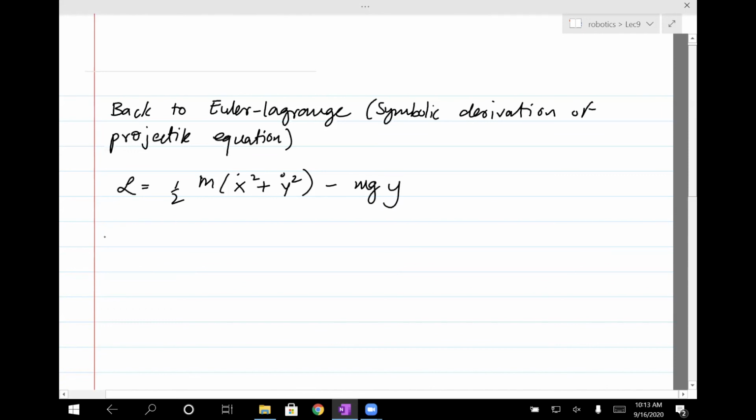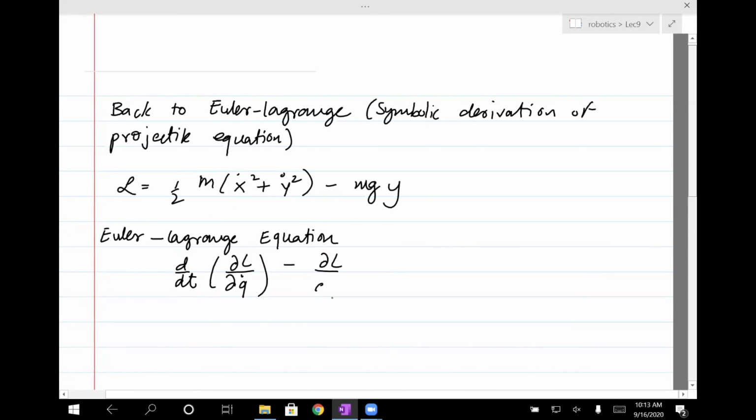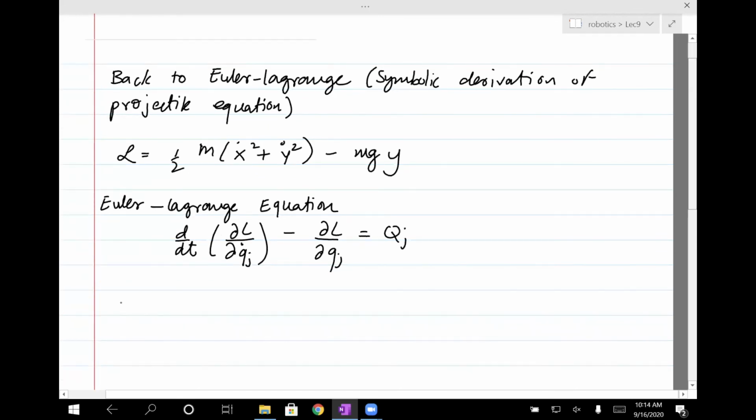Okay, so the Euler-Lagrange equation looks like this. d dt of dL dq dot minus dL dq equals Q, where q in this case is going to be x and y.